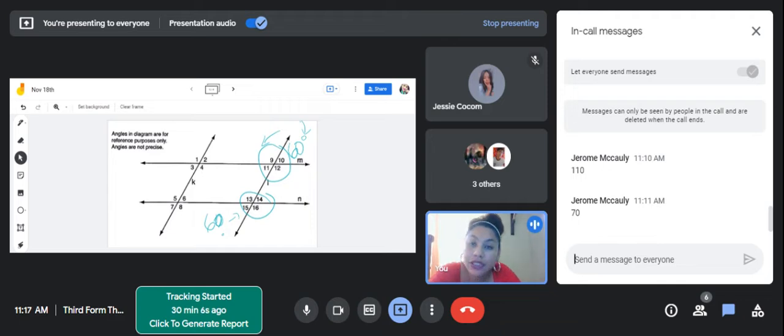In the previous question, we had alternating and straight. In this one, we have alternating and vertically opposite. Is everybody getting that? Do you understand that? Do I need to repeat what I said?